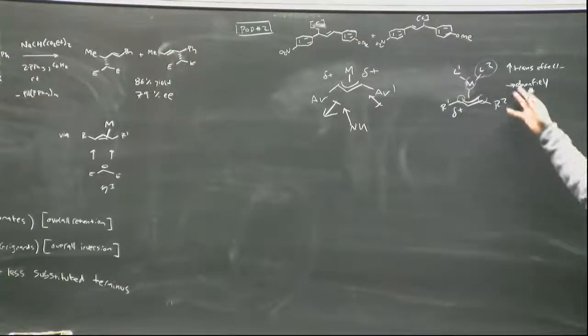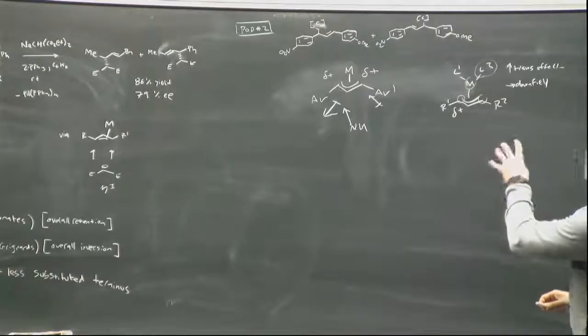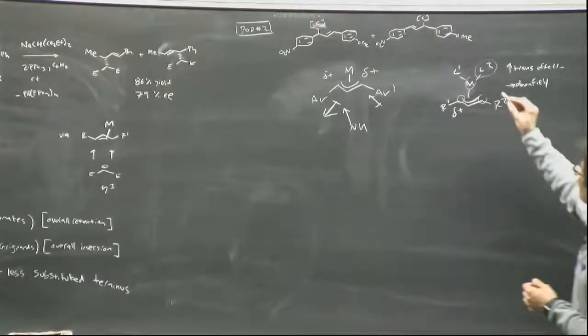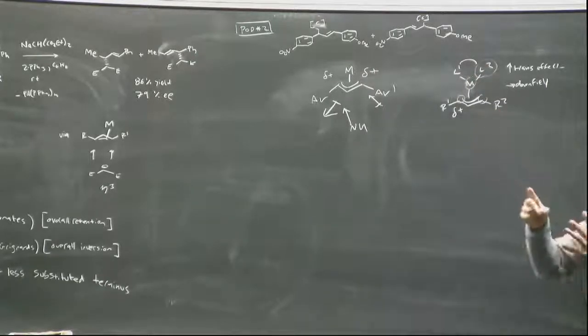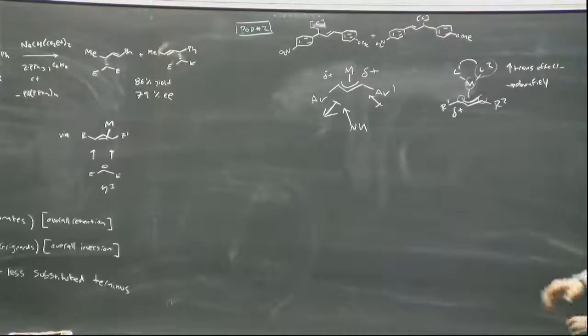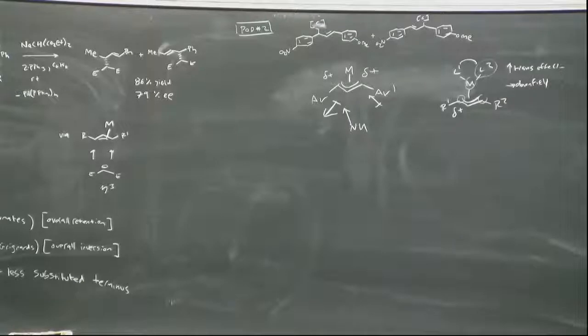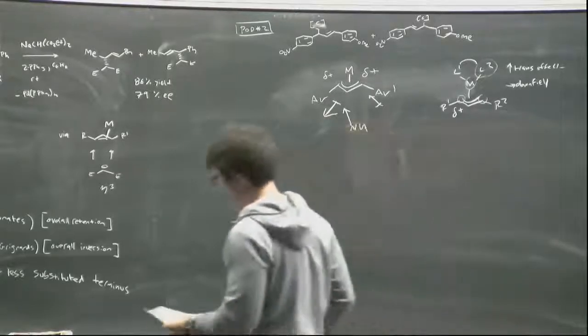And at least in a qualitative sense, this framework allows one to think about why, particularly in cases where you're doing allylic substitution on a terminal allyl fragment, it might be advantageous to have electronically unsymmetrical ligands, like the common PN family of ligands. Okay, any questions on that?